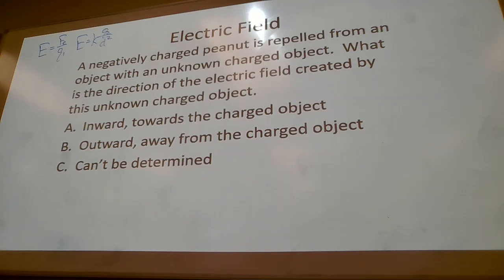All right. Tell your neighbor the answer to this and tell them why you think so. Correct answer is A. Why A?